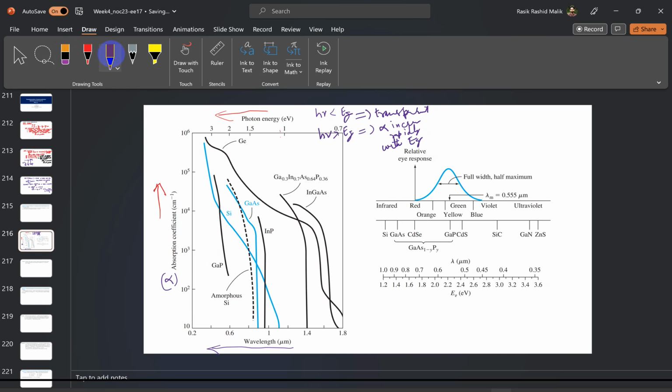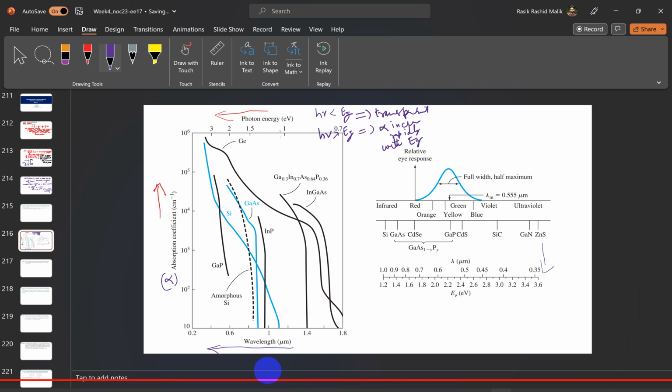The diagram on the right shows different materials and the relationship between band gap and wavelength. For example, for the zinc arsenide we have this band gap and this wavelength.